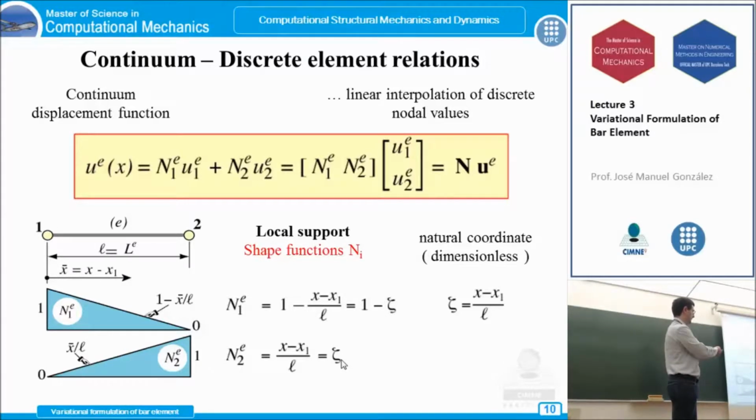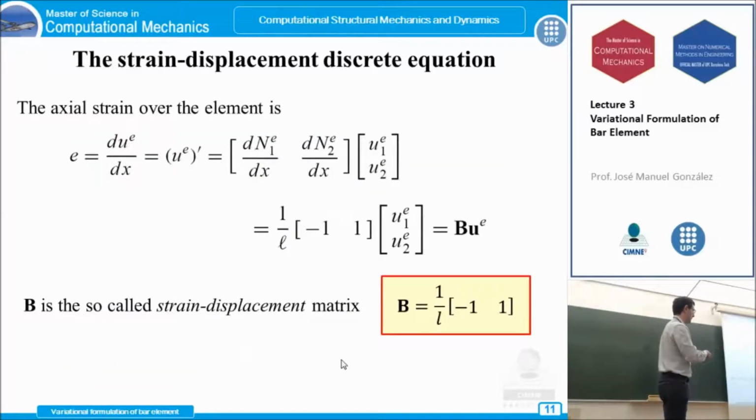So here we have the expression for the axial strains over one element: 1 divided by L times minus 1, 1, and the nodal values. This derivative matrix of the shape functions is what we call the B matrix, or strain-displacement matrix. It is the one which stores the information for the strain.